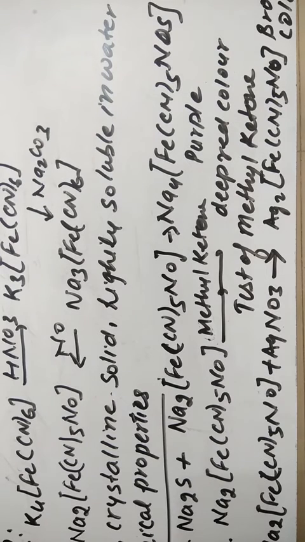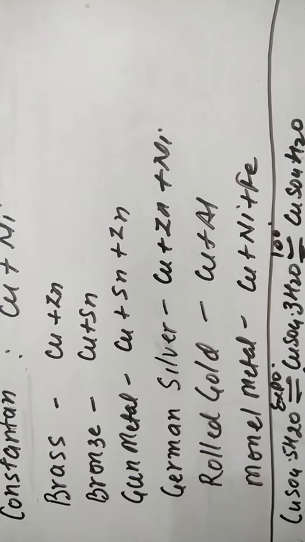Now after that we come to the next point. Now students, we see the different types of alloys. It is important for 11th and 12th, and also important for NEET, not for JEE. Now here, constantan is an alloy of copper and nickel, brass is an alloy of copper and zinc, and bronze is copper and tin.